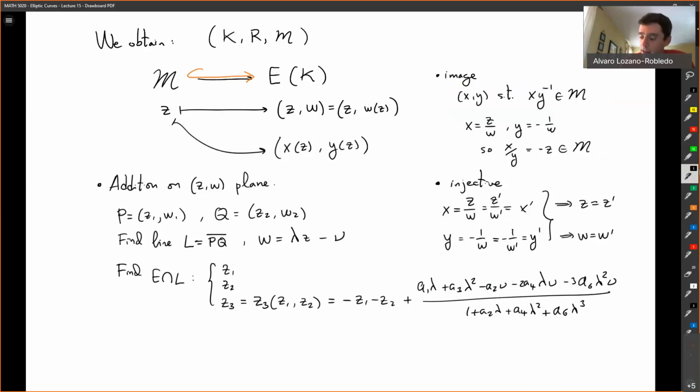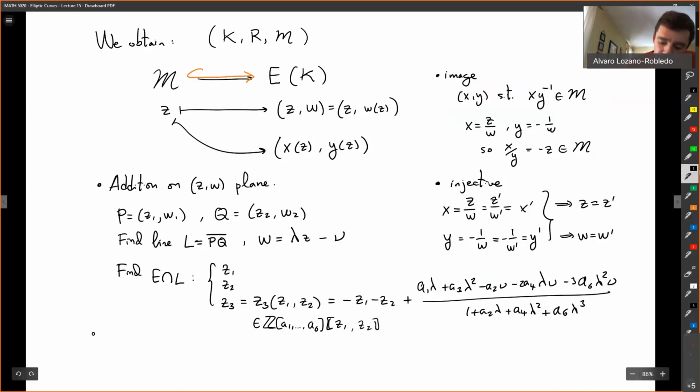This is now a power series in a1 through a6, and a power series in z1 and z2. Remember that the inverse point, the point P plus Q, is the inverse of this third point of intersection.